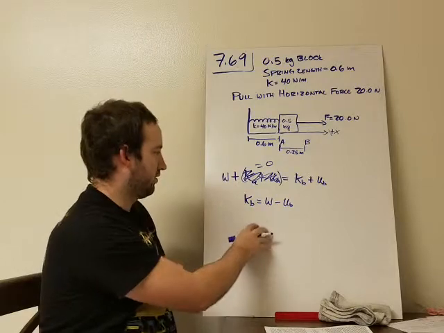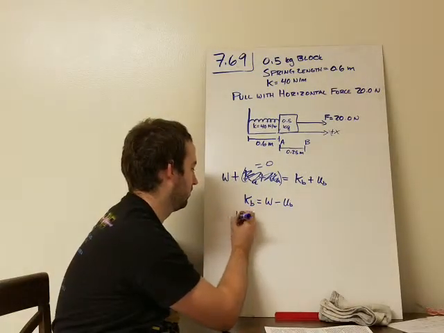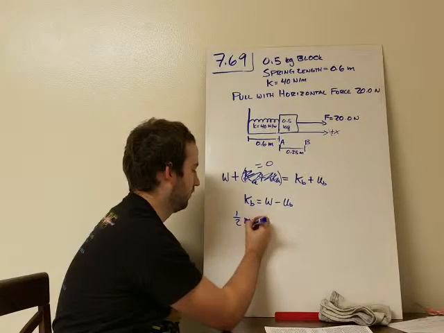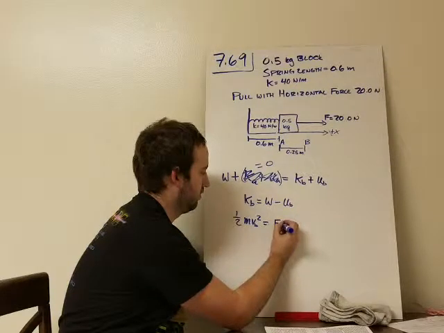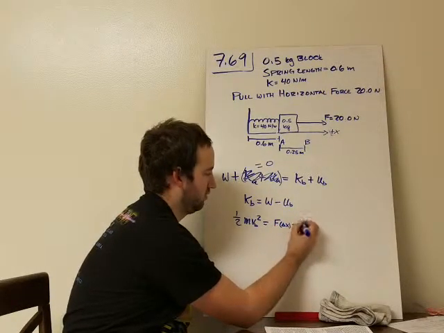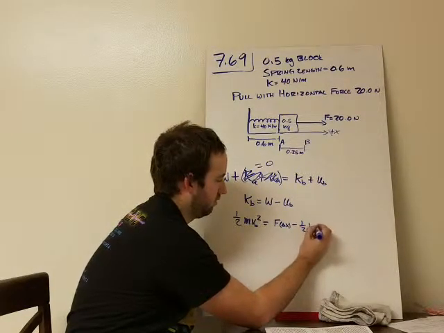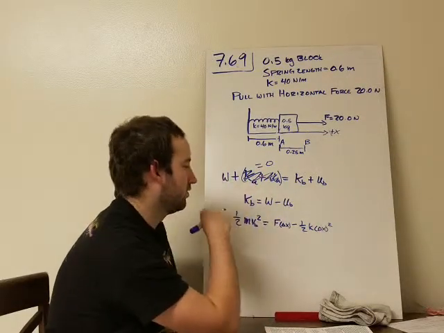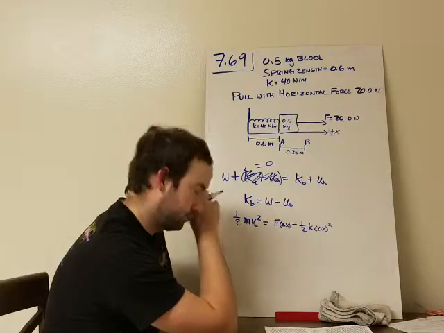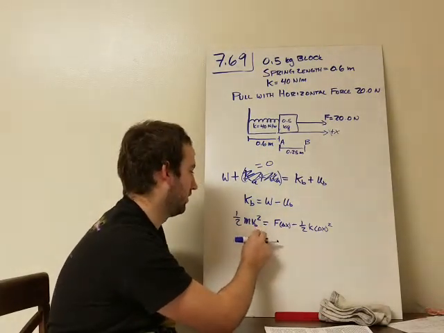So here we have our equation, and now we can expand this: 1/2 m v squared equals F delta x minus 1/2 k delta x squared.